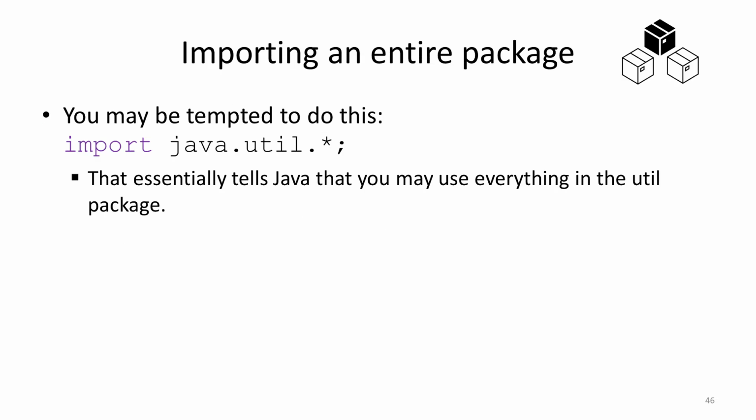Now, if you have seen some Java examples online, or maybe from a different programming instructor, you may have seen this: import java.util.*. So you may be tempted to do that. What this does, it essentially tells Java that you may use everything in the util package.